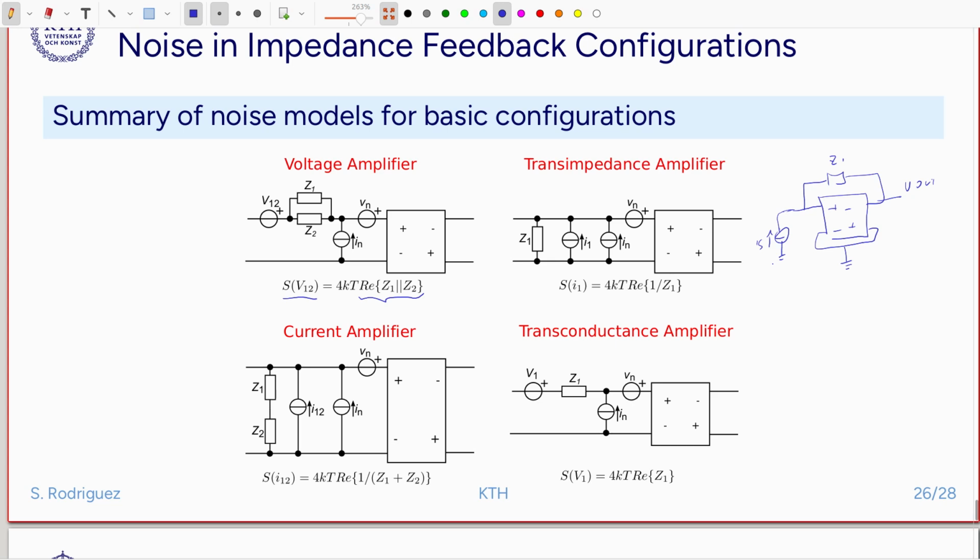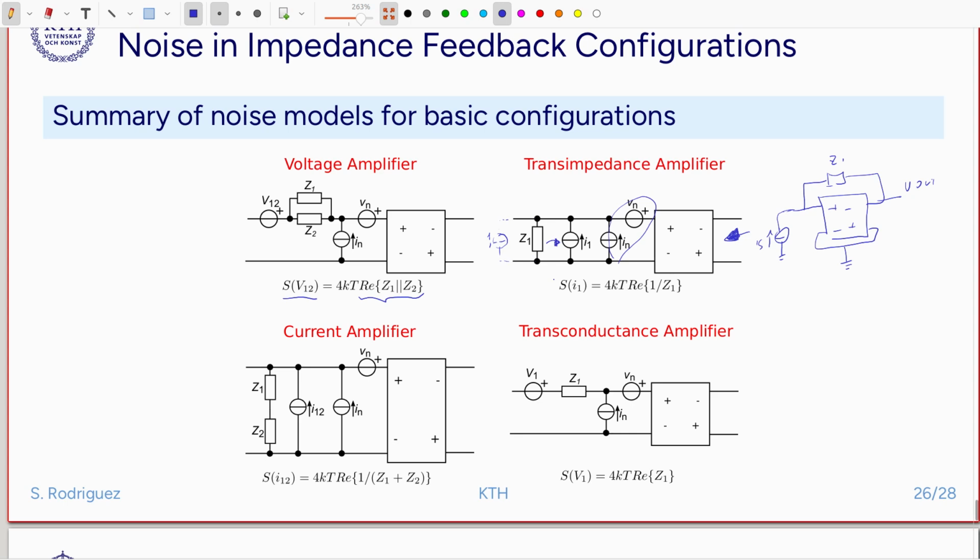So the noise model for this amplifying configuration is the following: input referred noise of the amplifier itself here, and then we have the feedback impedance also connected here, basically in parallel to the source, and then the noise of the feedback impedance also in parallel.